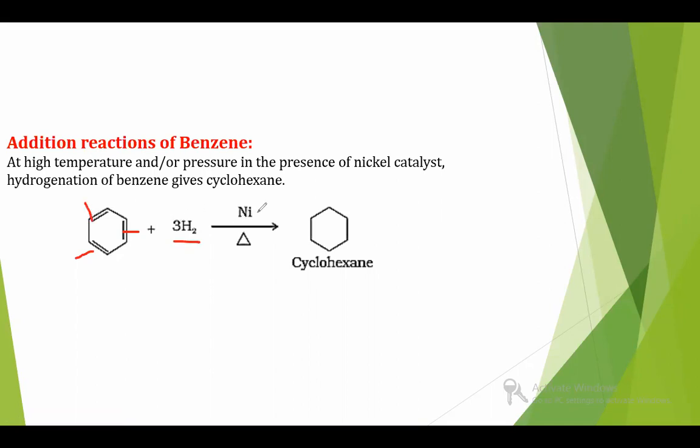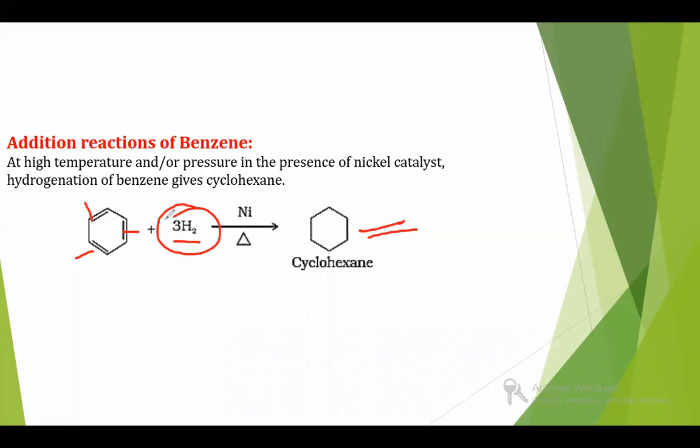In the presence of nickel catalyst, the double bonds reduce to single bonds, forming cyclohexane, C6H12. This addition of dihydrogen is a hydrogenation reaction.